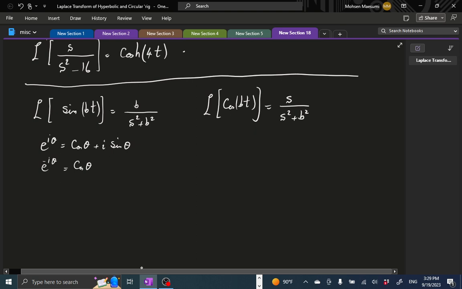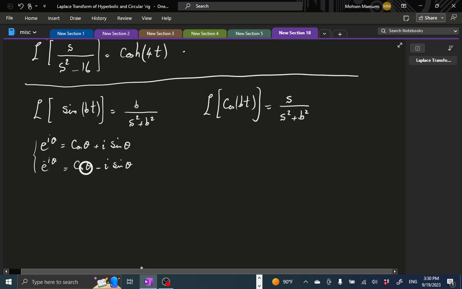exponential of minus i theta will be cosine of minus theta, which is the same as cosine of theta, plus i sine of minus theta, and that minus comes out, and the formula turns out to look like this. Okay, what does this give me? Suppose I want to capture cosine.